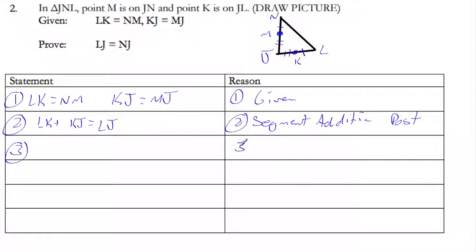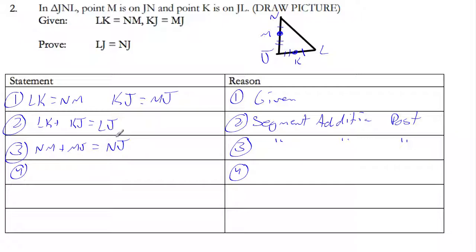And I can do that again for the other side, and say that NM plus MJ is equal to NJ. And again, that's the segment addition postulate.